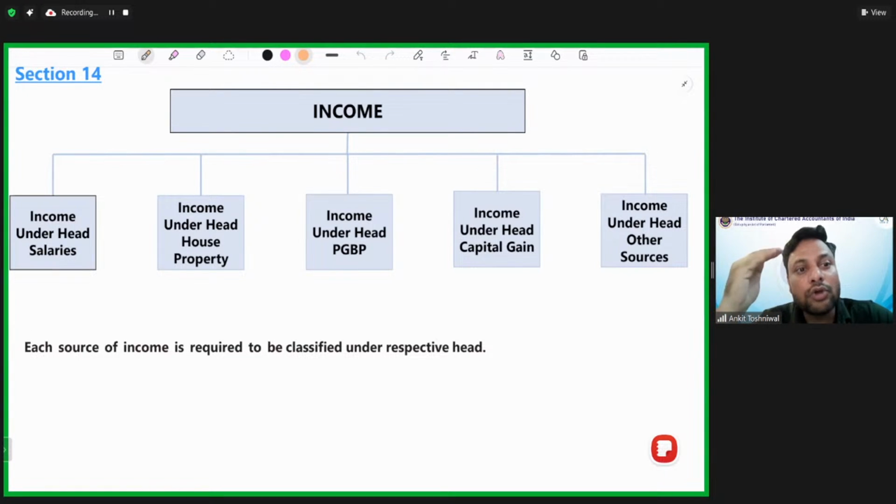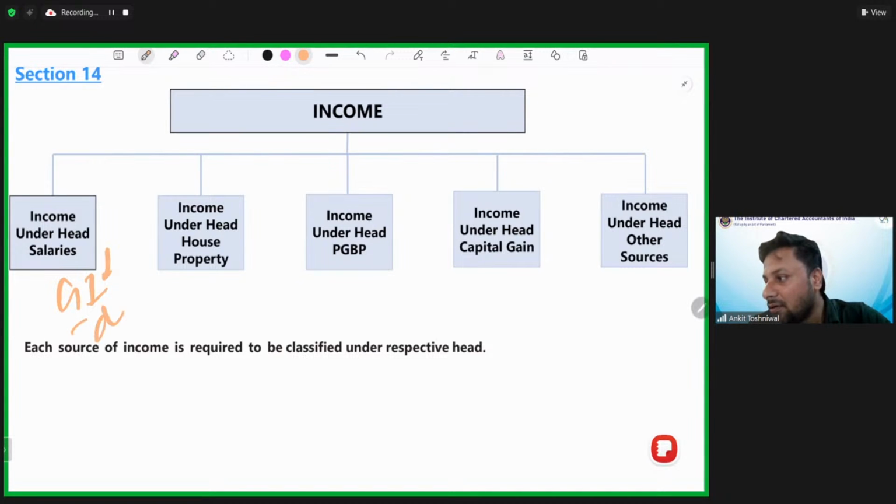So to get the gross total income, we have to aggregate the income of all the 5 heads, right? But before aggregating the income of all the 5 heads, we have to calculate the net taxable income under that particular head. And to calculate the net taxable income under that particular head, in every head there is some deduction. So first of all, we have to calculate the gross income under the head salary.